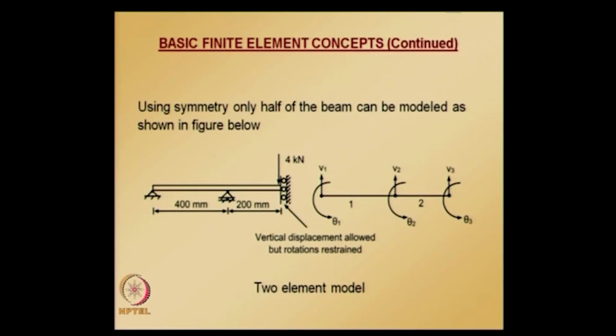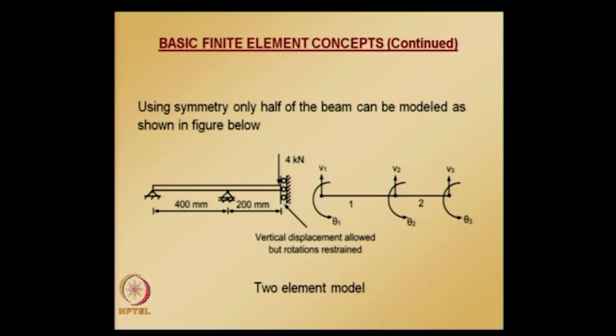discretized using 2 elements. Element 1 has degrees of freedom V1, theta 1, V2, theta 2, and element 2 has degrees of freedom V2, theta 2, V3 and theta 3. The load is 8 kilonewton for the full model. Since we are considering only half of the beam, it is halved, so 4 kilonewton is applied.